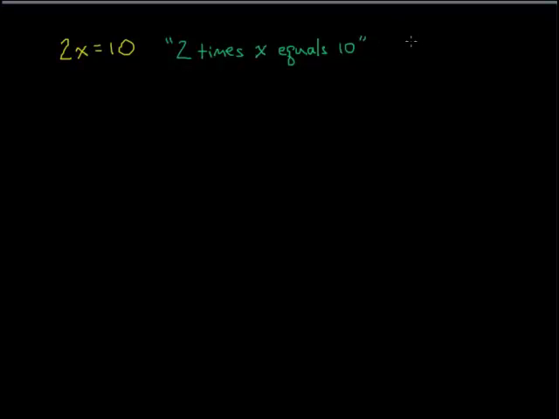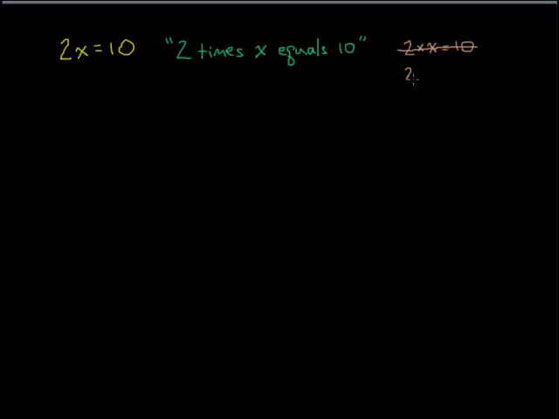If I were to write out a traditional multiplication symbol, I would write 2 times x equals 10. And you can see already that I have a little bit of uncertainty here. I've got 2 multiplying x, 2 times x. These two symbols look very similar, so we try to avoid writing 2 multiplied by x with the traditional multiplication symbol.